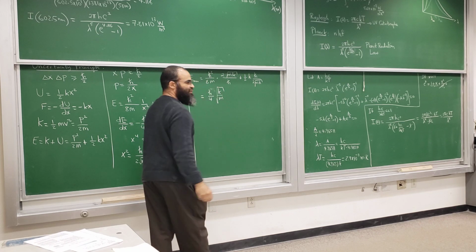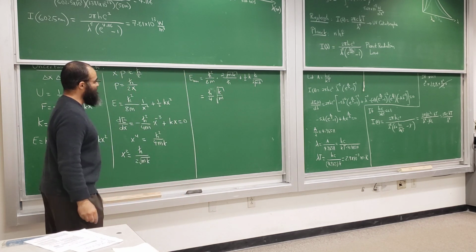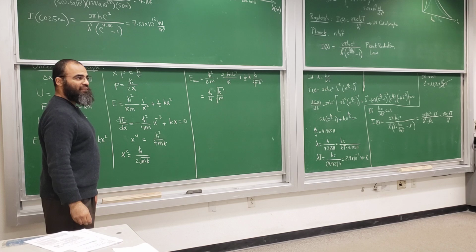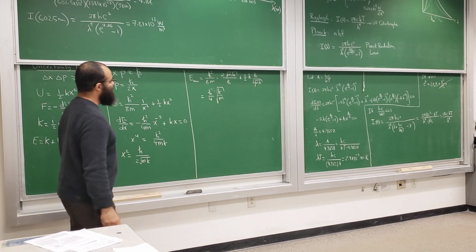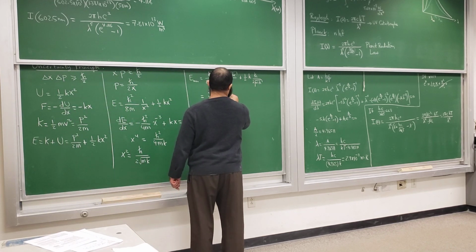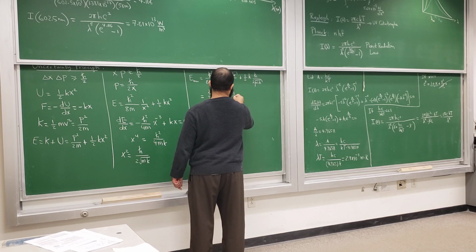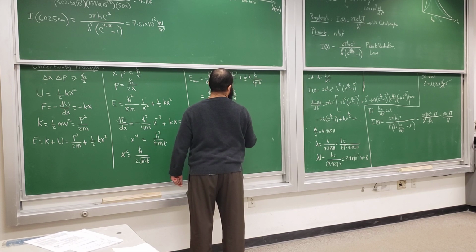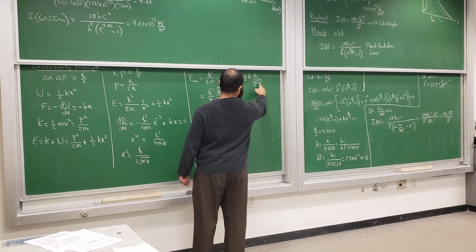Tell me if you agree with that. Sounds good? Yeah, good. And then plus, half times a half is a fourth, h bar, so let's put that h bar here. And then this one here, k over the square root of k just becomes the square root of k on top.